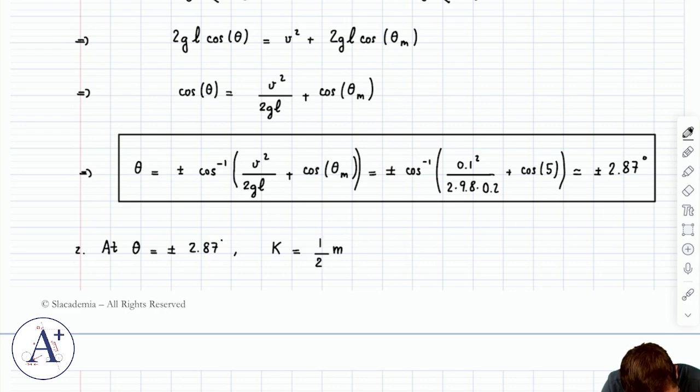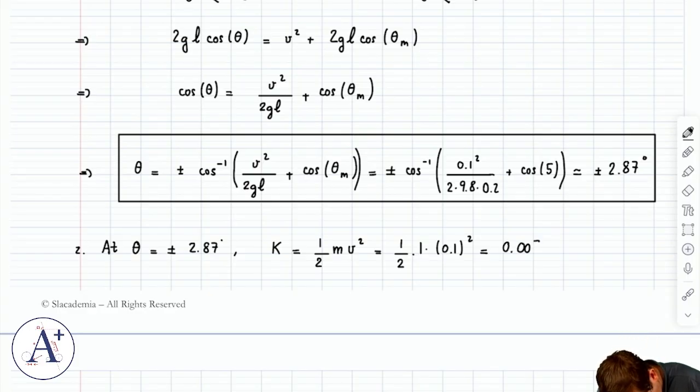I already know what v is, so I just write 1/2 times the mass, which is 1, times the speed of 0.1 squared. Well, that's going to be 0.005 joules.